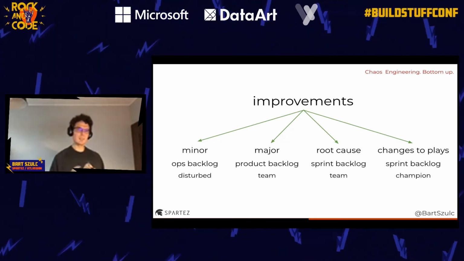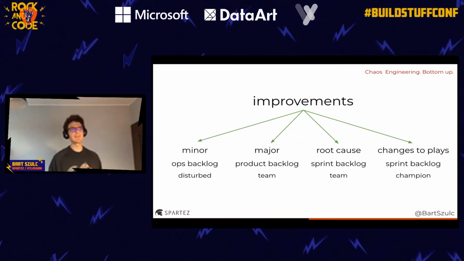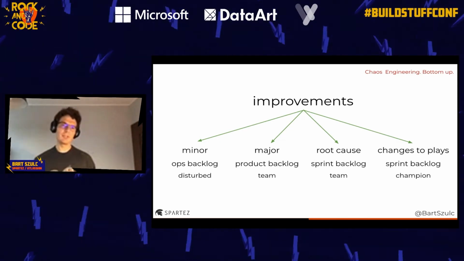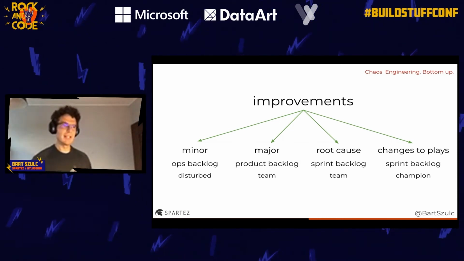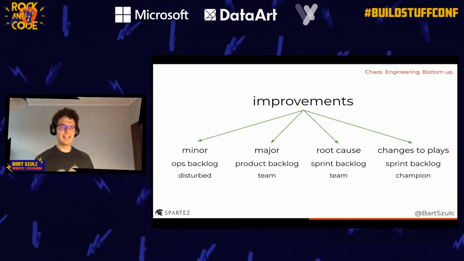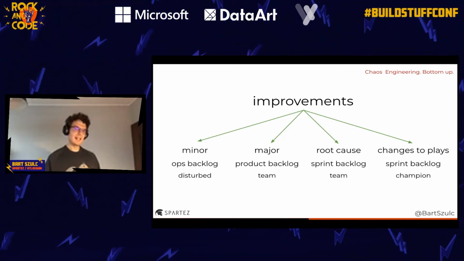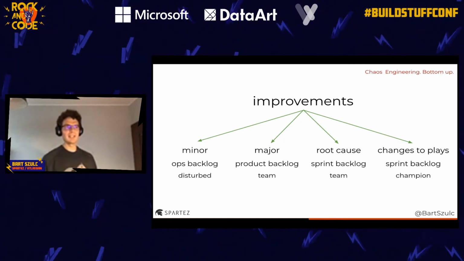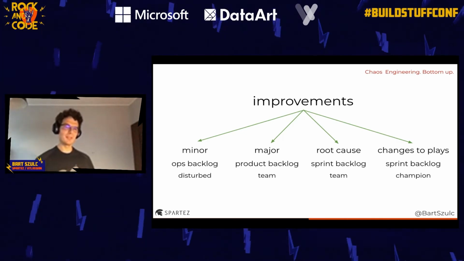There might be some major improvements that require changes in architecture, for instance, and depending on how big they are, they may end up on the product backlog or on the product roadmap, and will need to be addressed by the whole team, because we believe that efforts required to improve reliability are part of the product, are a feature of a product. And lack of reliability can affect your users.